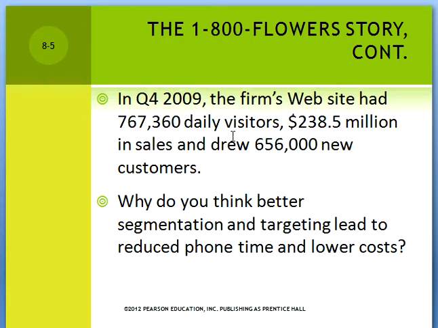Daily visitors are coming on their website to place orders. $238.5 million in sales, and they drew 656,000 new customers as well. This is only the fourth quarter of 2009. Chances are that now they are probably doing much more business than they were doing at that time.